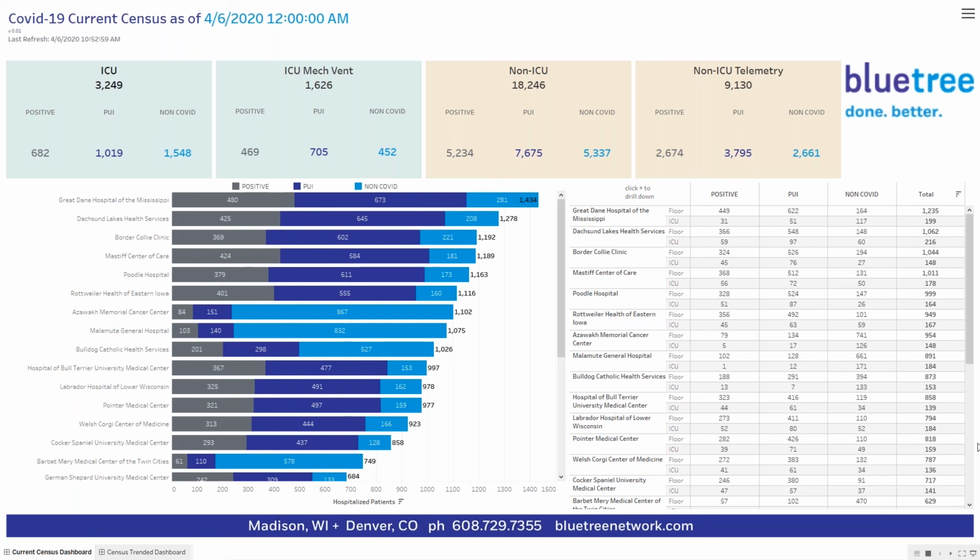Providence is using the Epic Bugsy application and is using the rule out flag to help drive their patients under investigation. But you might also be using other types of flexible data elements to be able to indicate those patients from a note or possibly in a flow sheet or other types of nursing documentation.